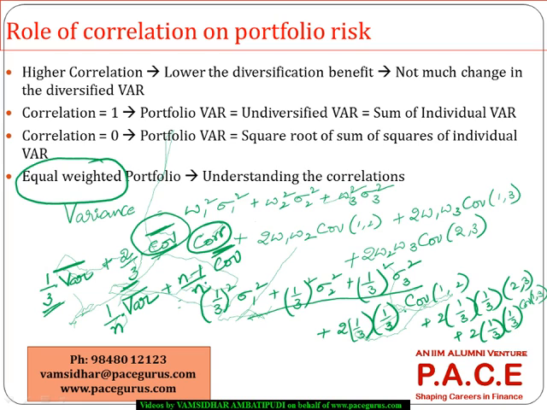So covariances are purely linked with the correlation. This is the portfolio variance for an equal weighted portfolio.